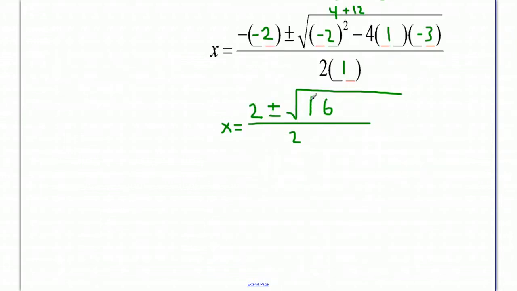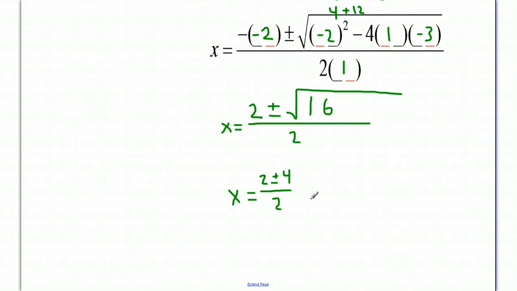Going on, the square root of 16 not only cleans up nicely, it cleans up exactly to the number 4. So 2 plus or minus 4 over 2. At this point, we can simplify every single term in this problem, all 3 independent terms.